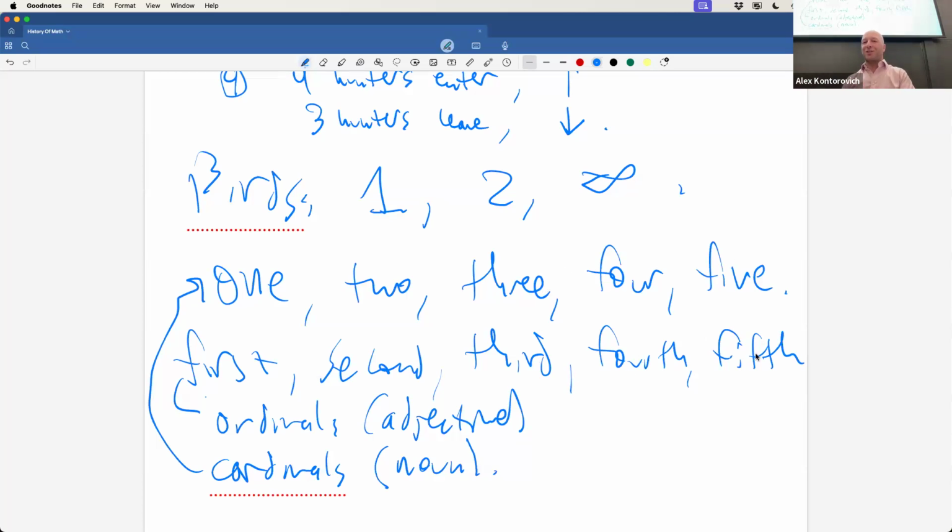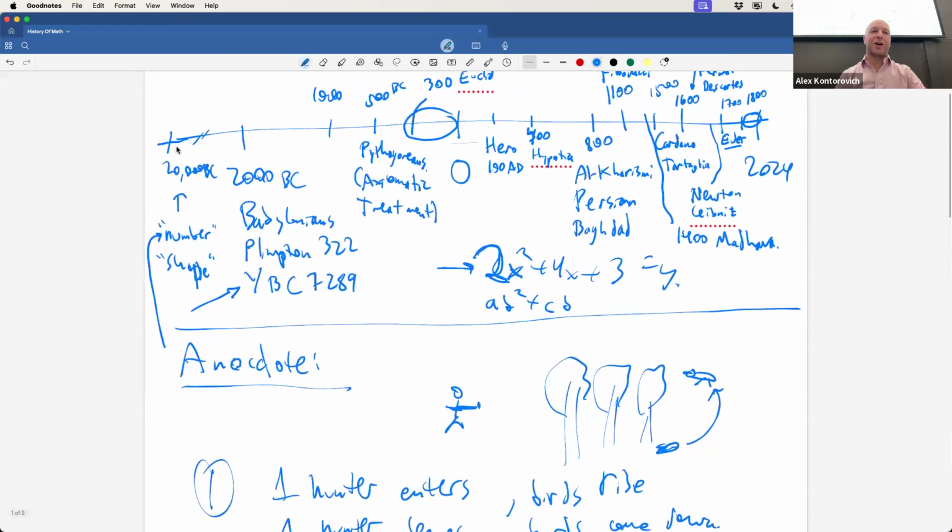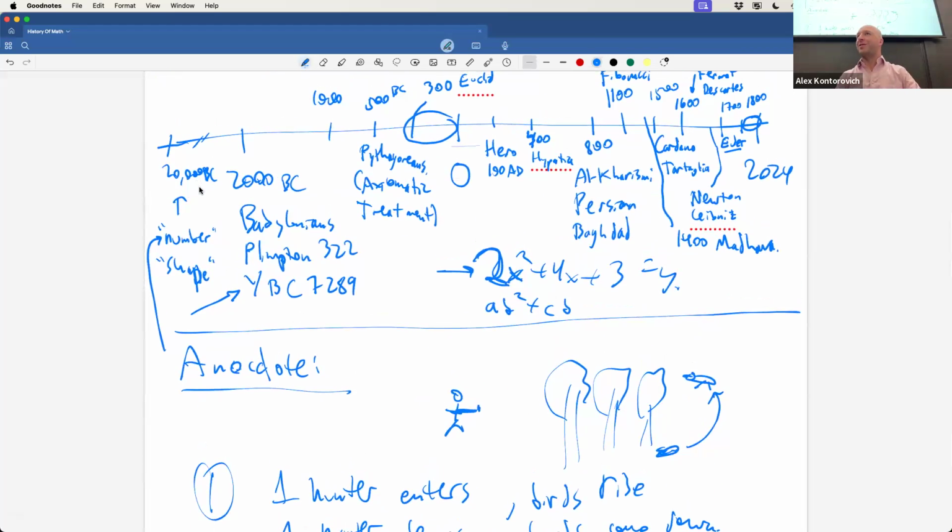Once that precision was required, we just naturally followed a pattern to go from cardinals to ordinals, or maybe it was the other way around. I have no idea. But the point is that things stabilize after a time. These words were around long before these words were around. Does that make sense? Okay, so that's a little bit of the discussion of what was happening 20,000 BC.